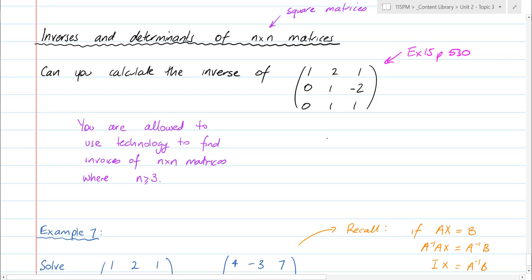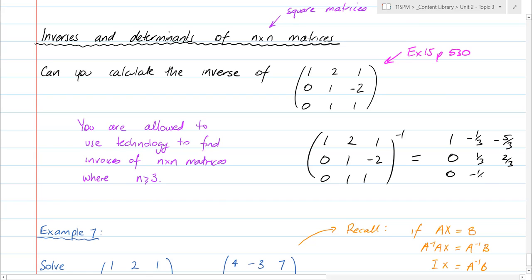So 1, 2, 1, 0, 1, negative 2, 0, 1, 1 to the power of negative 1 equals 1, negative 1/3, negative 5/3, 0, 1/3, 2/3, 0, negative 1/3, 1/3. So there you go. So you can do inverses quite easily, just following that process.